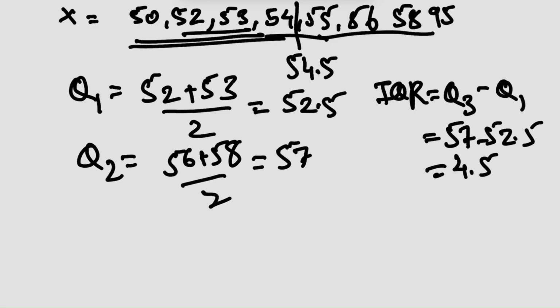Alright, so the middle spread of data is calculated by Q3 minus Q1.